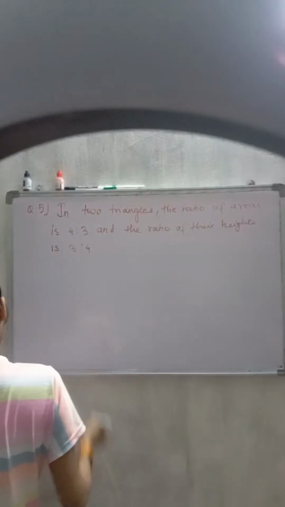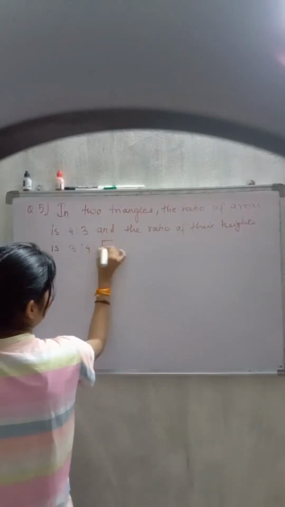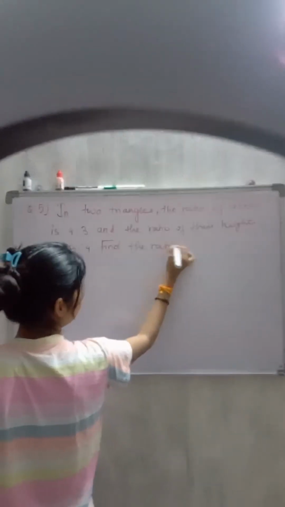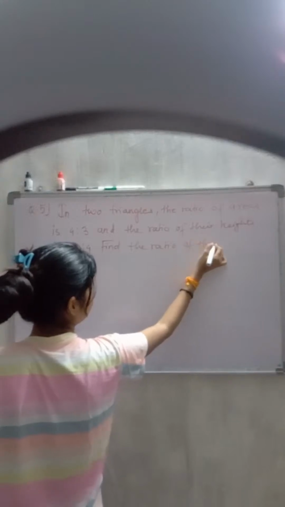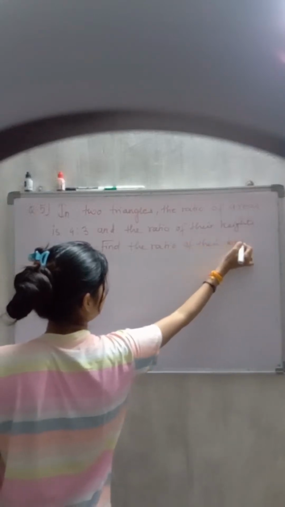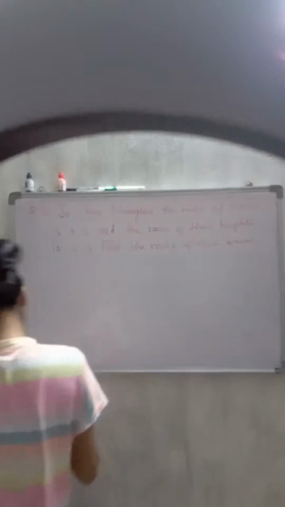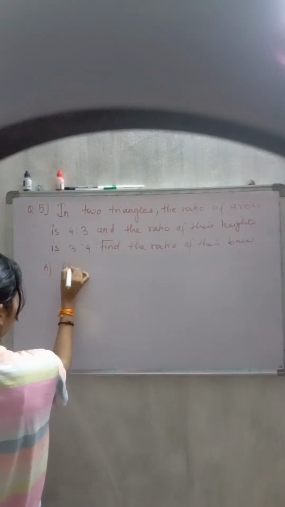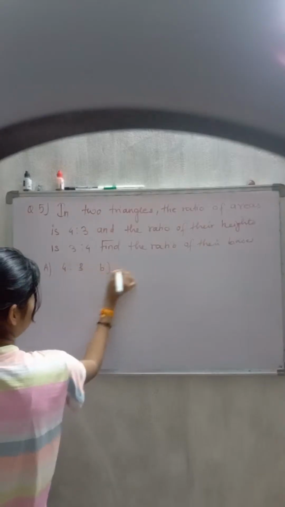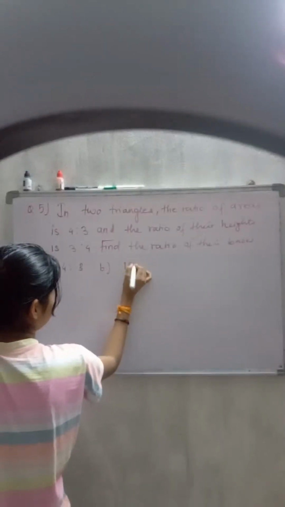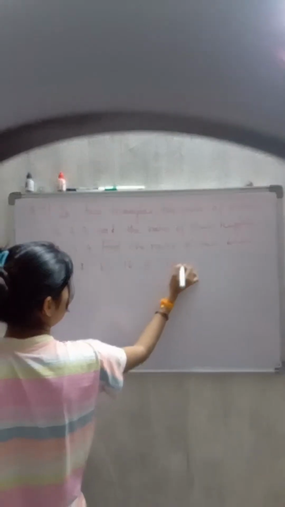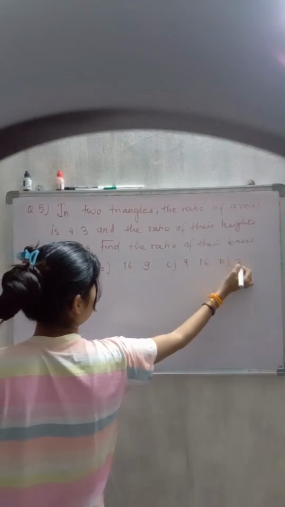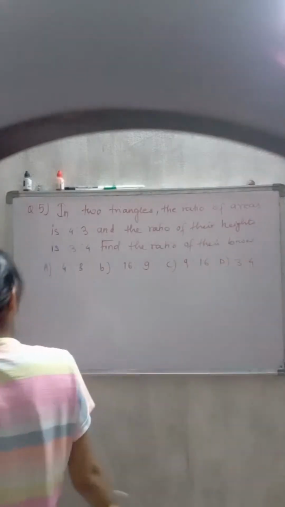Find the ratio of their bases. Options are A 4 is to 3, B 16 is to 9, C 9 is to 16, or D 3 is to 4.